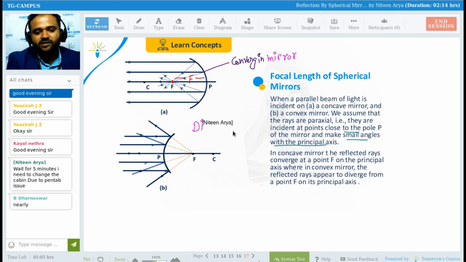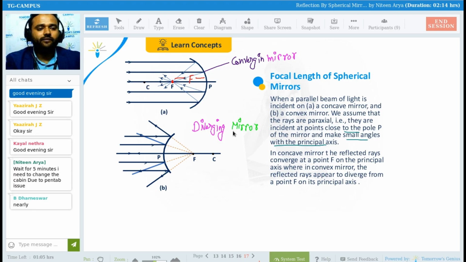And the convex mirror is known as a diverging mirror because it is going to diverge all the incoming rays. So obviously, if it diverges them to the opposite side, they are never going to meet.